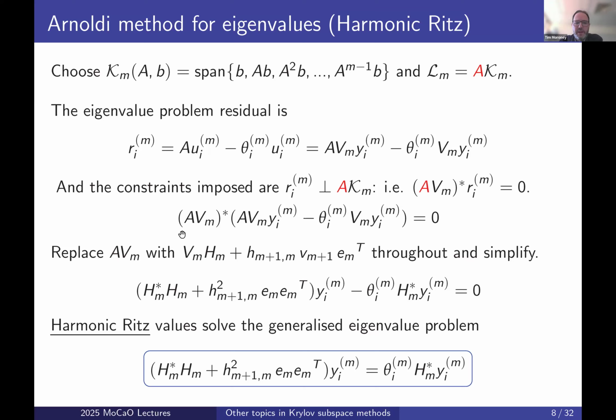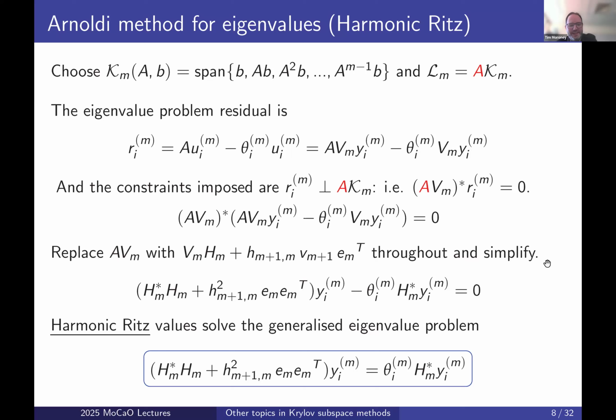All right, so we're going to have AVM, which is our representation of AK, star times the eigenvalue residual. Okay, so this starts out feeling more like the GMRes derivation that we looked at before, because we're going to replace AVM with the full VMHM plus HM plus 1M, VM plus 1, EM transpose throughout. And then that word simplify is doing a bit of work.